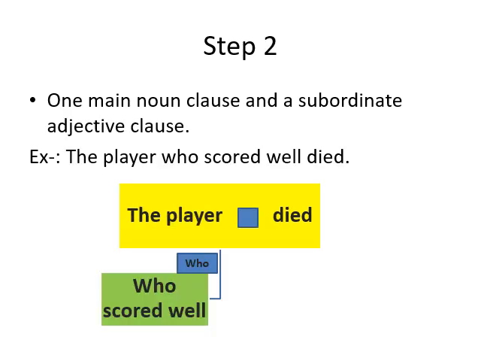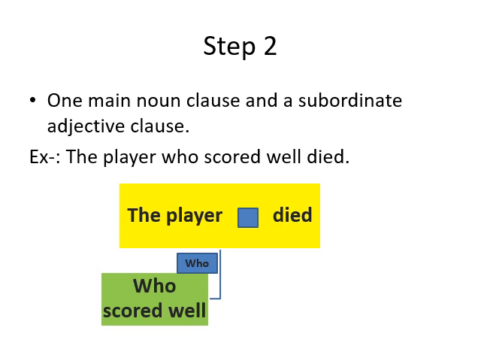Here, one main noun clause and a subordinate adjective clause. You can see the player who scored well died. The player blank died. So there is an adjective clause which describes the player, starting with a relative pronoun, who scored well.